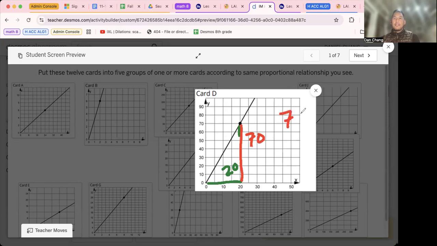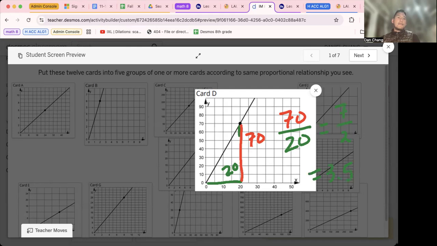So the slope is 70 over 20, which you should start to recognize as 10 is the common factor. So this is really just 7/2. You divide 7 by 2, you get 3.5. And lo and behold, we have a match.